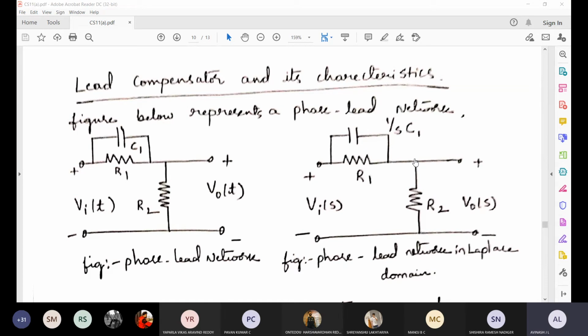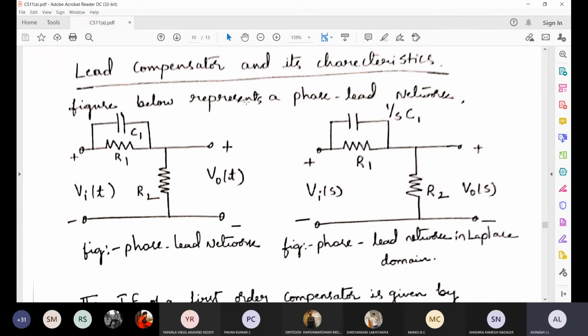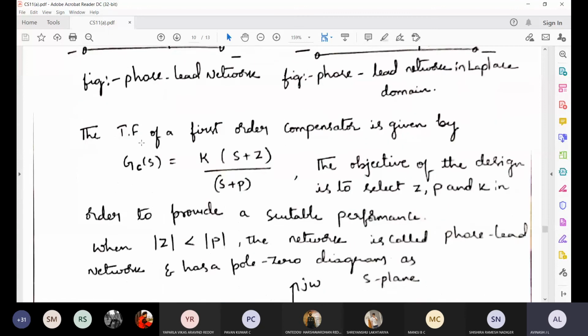Can you do this homework today and submit tomorrow? You have to go through any textbook. Like how I explained the lead compensator, there will be one diagram for the lag compensator. In the lead network the element comes in parallel, and instead it will come in series for the lag network.